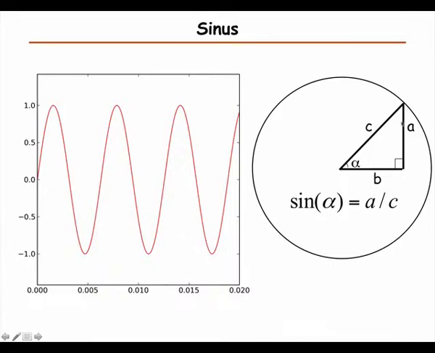That's how we can generate a sine wave. When the angle is 0, the value is 0 because A is 0. So we start out at 0, and then it increases and goes periodically up and down.